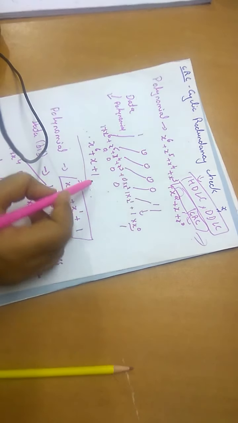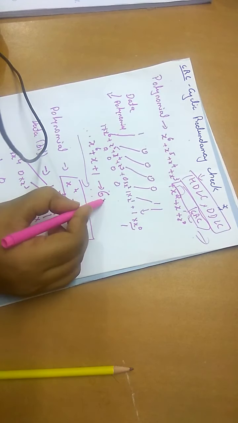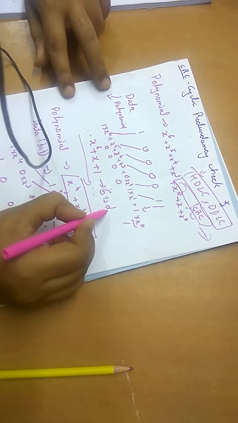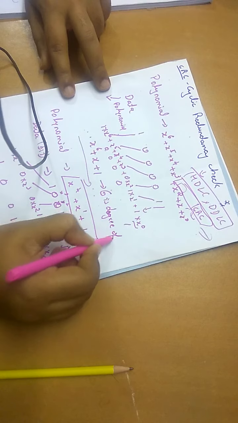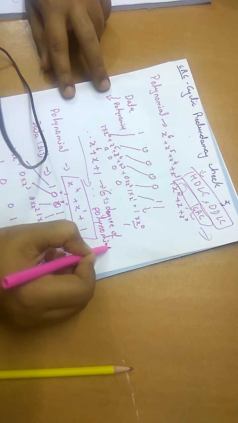In this one, which is the highest degree? 6 is the highest degree, because 6 is the degree of this complete polynomial. 6 is the degree of the polynomial. This is the degree of the polynomial form.